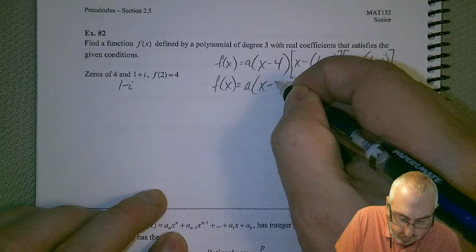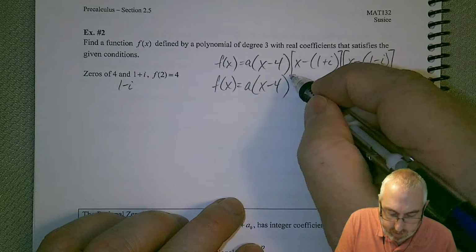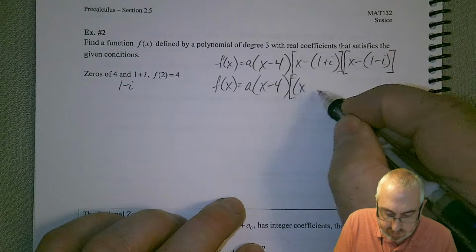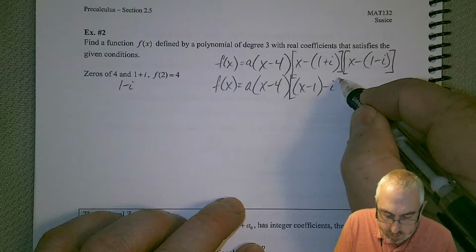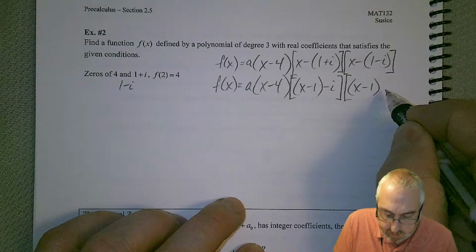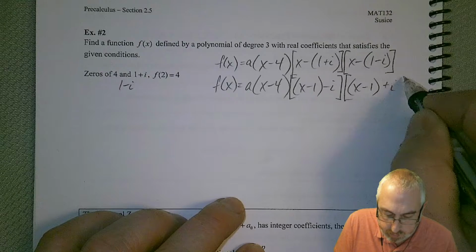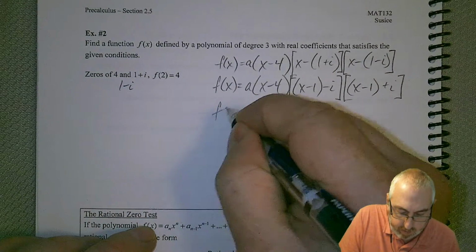Now, we said before that we've got to take care of the complex stuff first, so let's do that. So we're going to move our parentheses and distribute. And now we can do a little foiling.